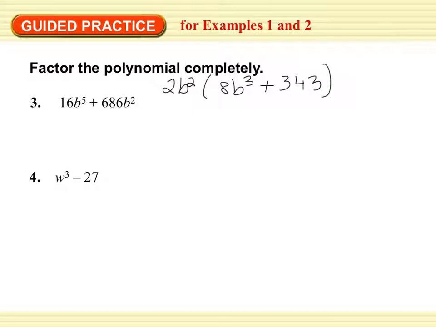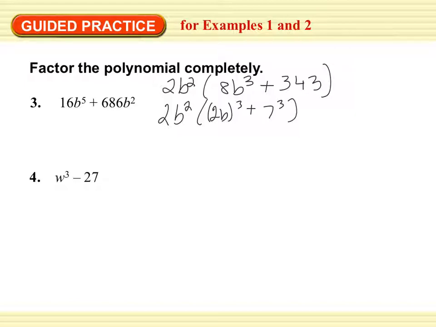Okay, I need my calculator for this one. Cool, 343 is 7 times 7 times 7. I do not have that one memorized. So what we have here is 2b cubed plus 7 cubed.